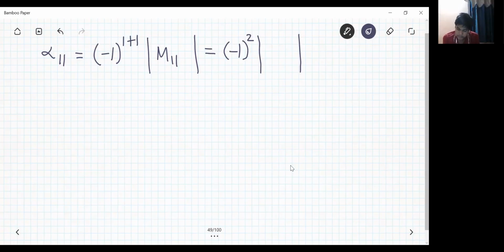Sir, alpha 1 1 came as minus 7. Why did it become minus 7 there? Correct, but why? We have simplified the 3 into minus 1 and 1 into 4.